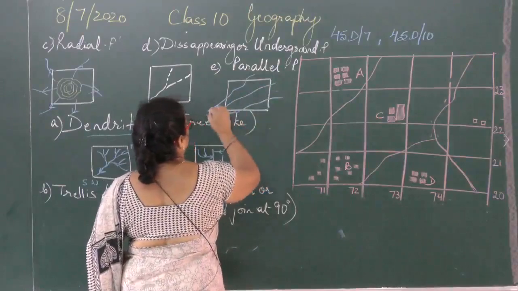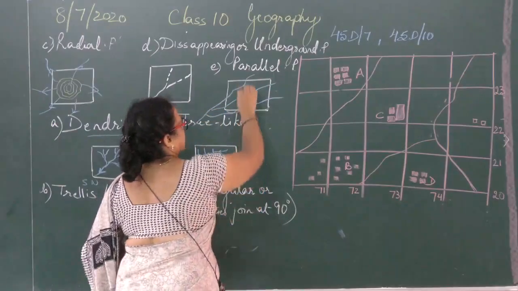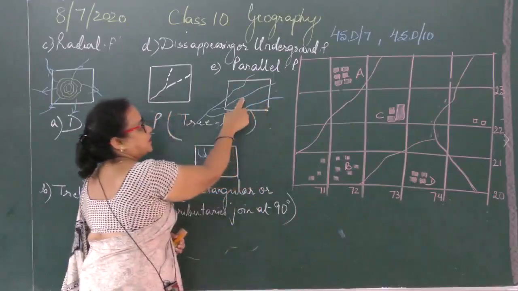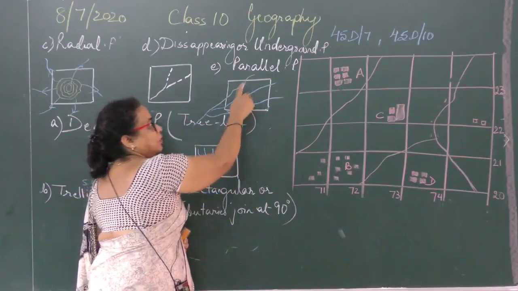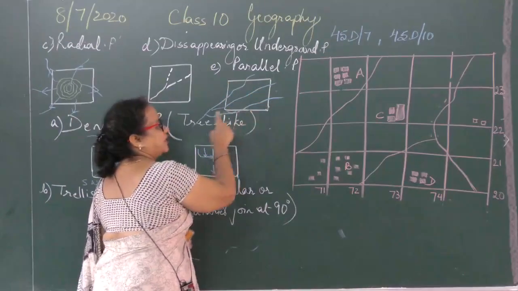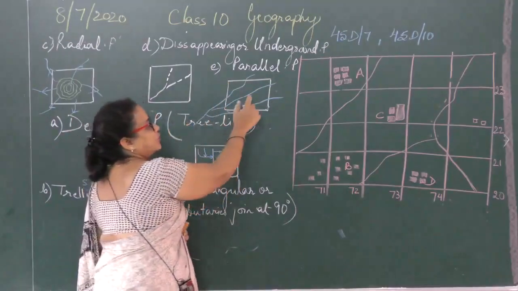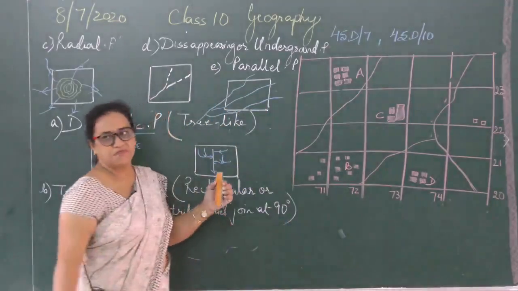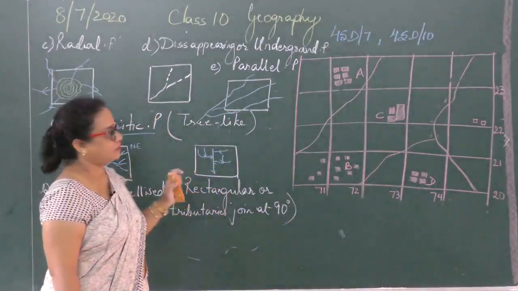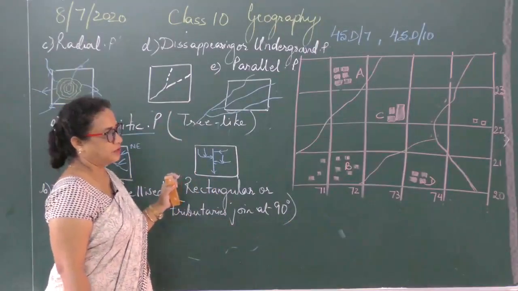Clear? See, they are equidistant. The spacing between the tributaries are same. They are not meeting inside this square. They may meet in another square. If you are asked what is the drainage pattern in this grid, you are writing parallel drainage. Parallel drainage.